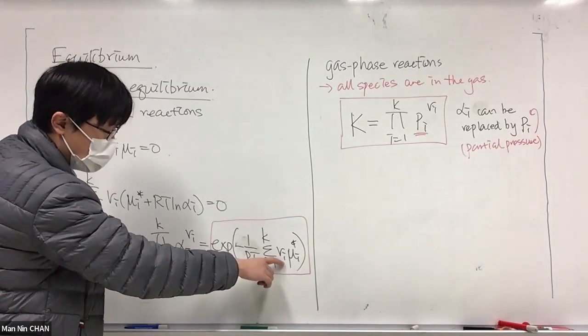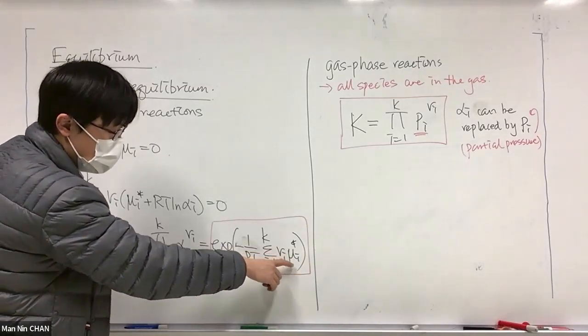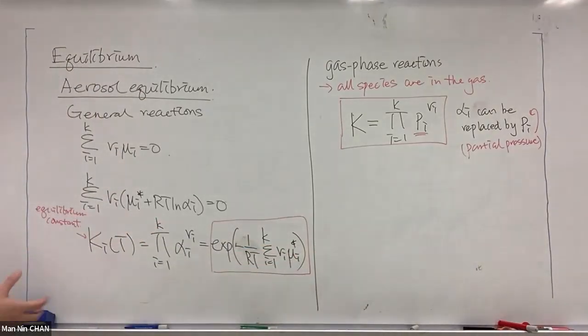If you know the reaction, that means you know the stoichiometric coefficients of the species and also their chemical potential at the reference state. So you can also calculate the equilibrium constant. Okay. So basically, this is just to give you some more insights into aerosol equilibrium reactions.